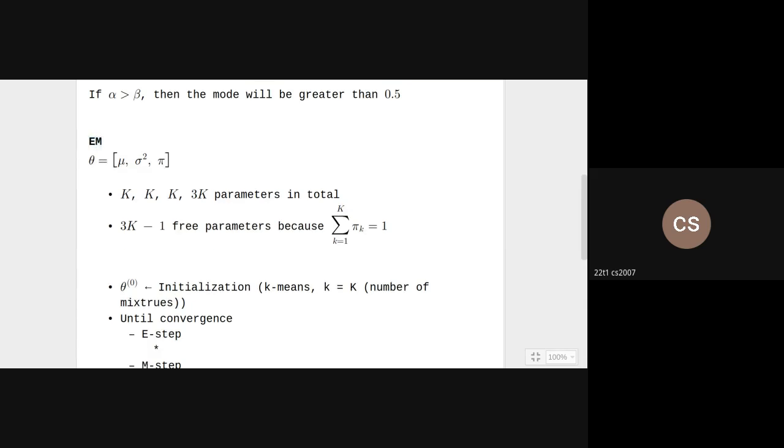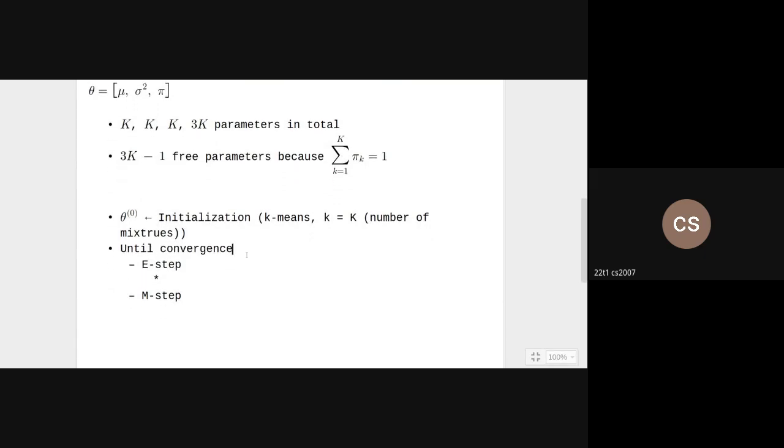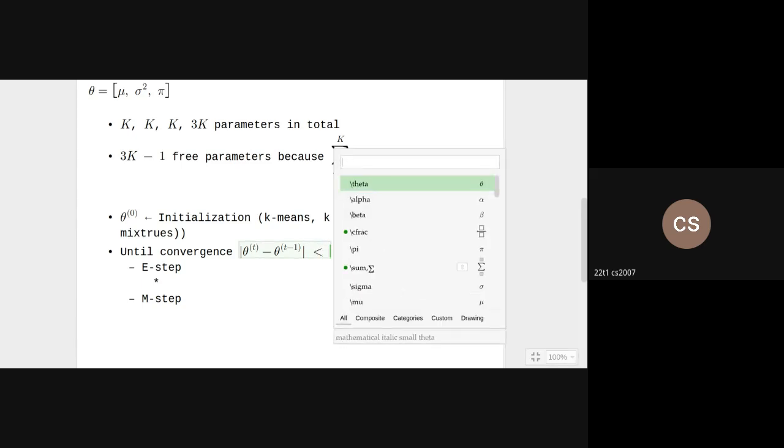To initialize and get hold of one theta naught, until convergence. How do you define convergence? Basically, what you're saying is the distance between theta at step t and theta of the previous iteration is greater than some threshold.